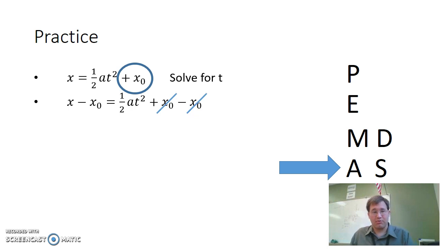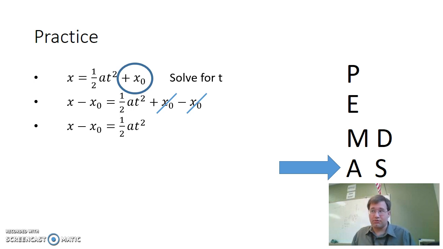That's the whole point. We want to deplete everything from this right-hand side so that we can get t by itself. So what does this give us when we deplete this out? It leaves us with x minus x naught equals 1/2 at squared. Now we've gotten rid of anything that's adding or subtracting.